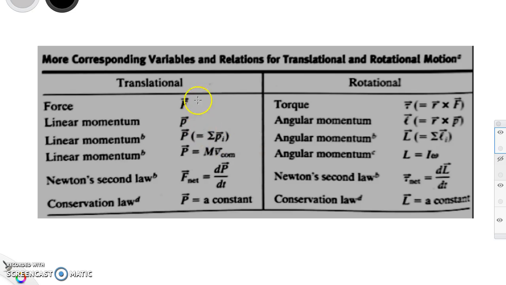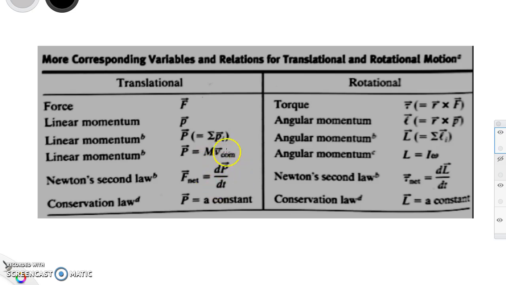Same with angular momentum. We can find the momentum of a large object by multiplying its total mass by the velocity of its center of mass. We can find the angular momentum of a rotating object by multiplying I by its angular velocity.